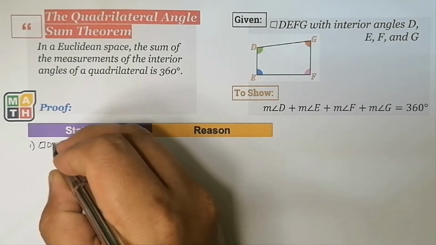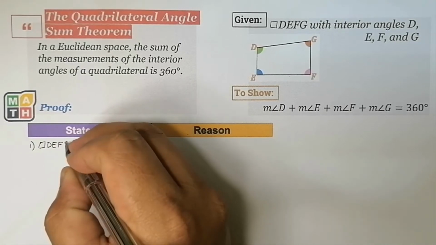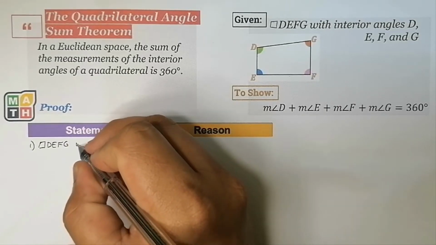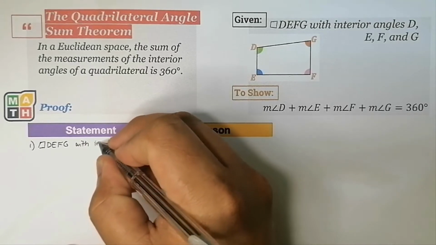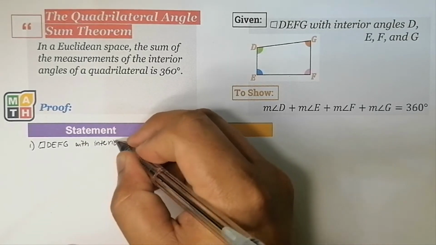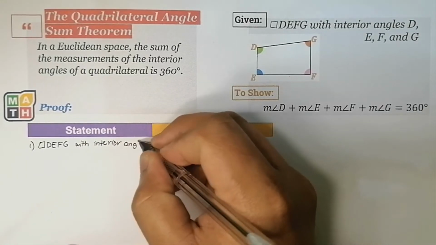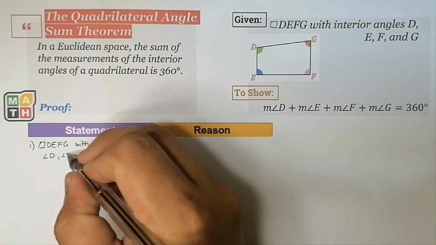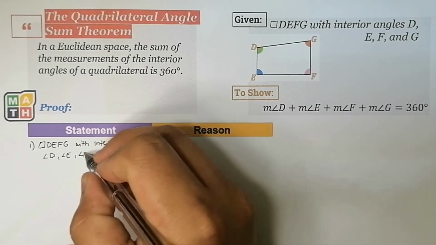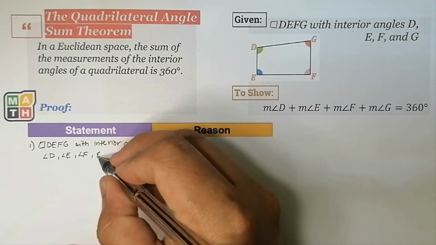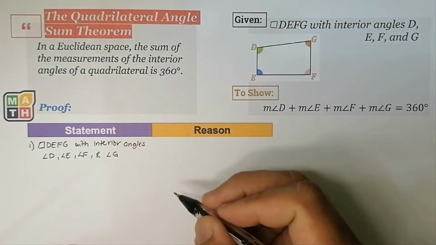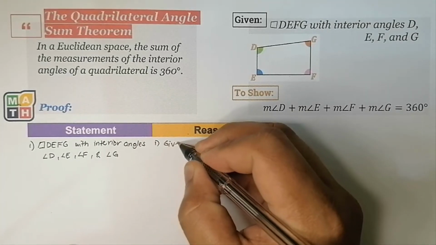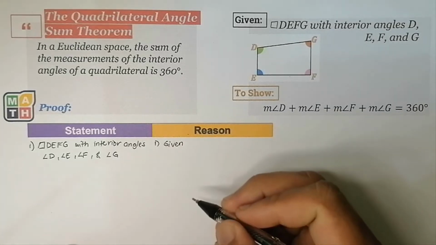Quadrilateral DEFG has interior angles, and since they are angles, let me use the symbol: angle D, angle E, angle F, and angle G. Again, the reason for that is this is what is given.